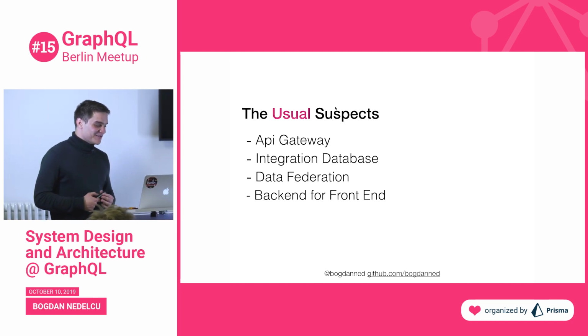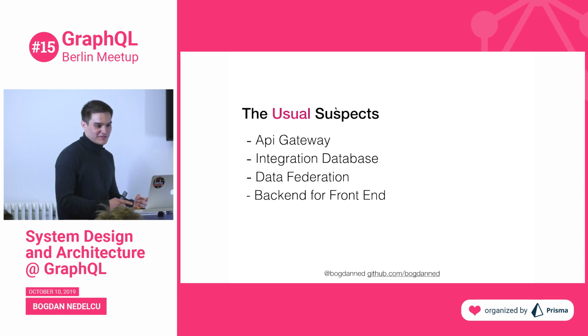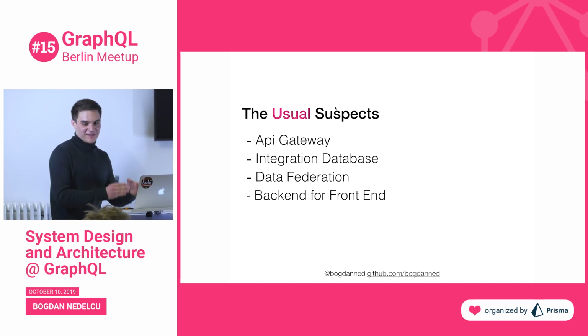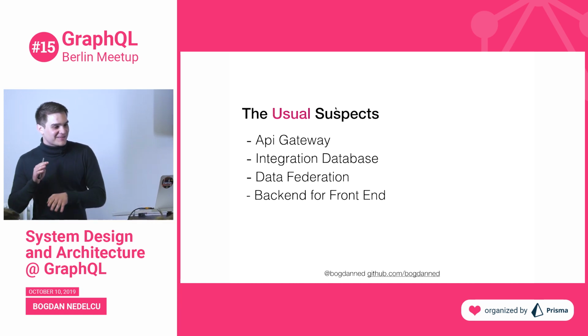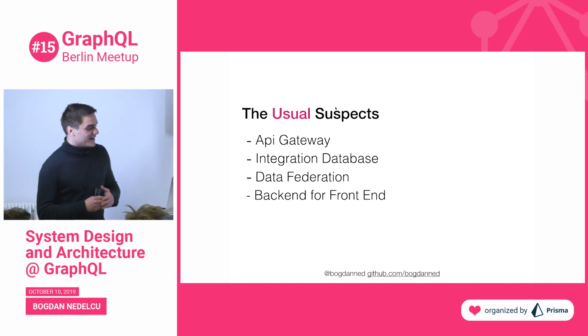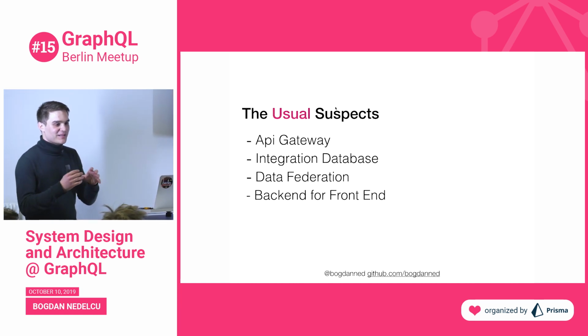Then try to understand how GraphQL is using them. Apollo Federation, the idea is that the name is federation, so data federation is the same pattern. That's already a hidden hint. I would look into these patterns and understand that GraphQL is building on top of them.